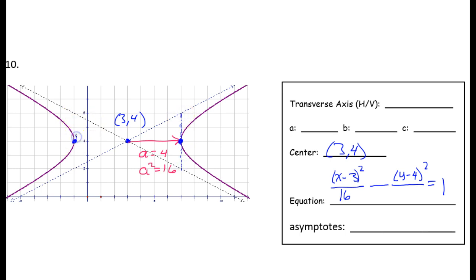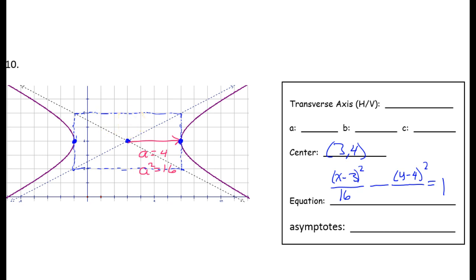So that's why I'm stopping the sides of the rectangle at the vertices, because that's where it must turn to make the horizontal part of the rectangle. All right, again, that's because I know the asymptotes have to go through the corners. They are the diagonals.